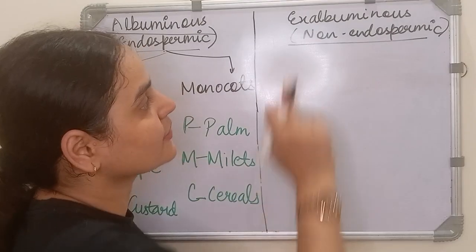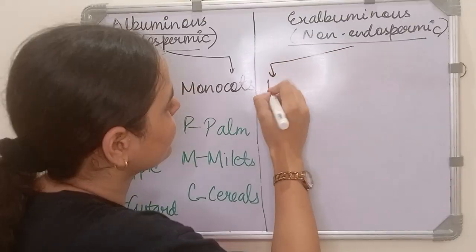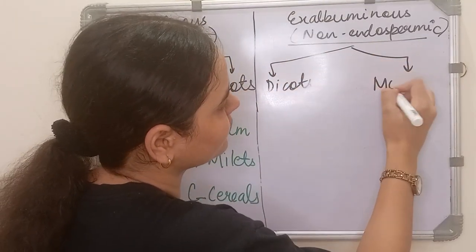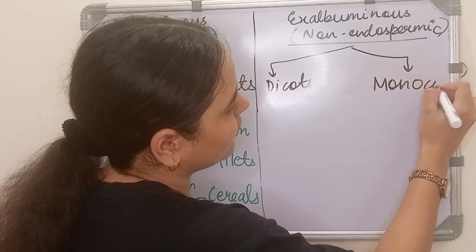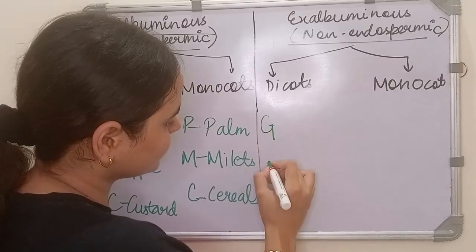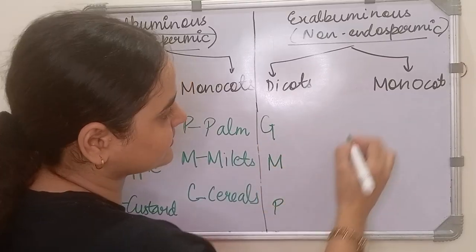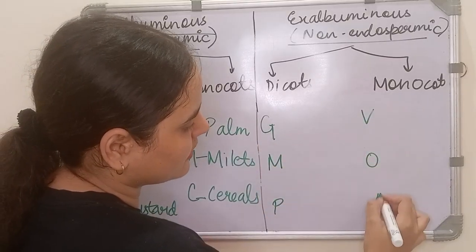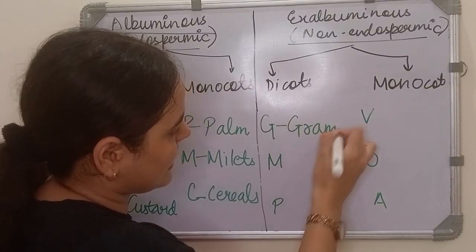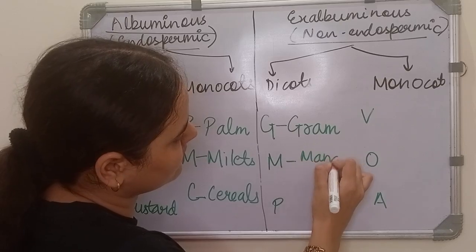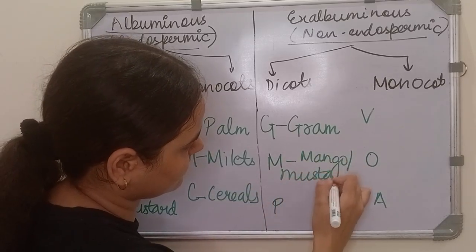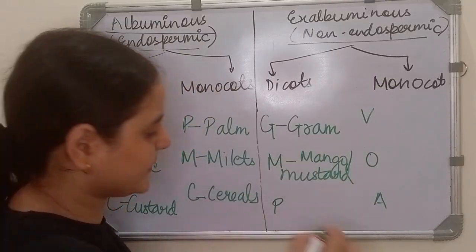Now let's see the case of ex-albuminous dicot and ex-albuminous monocot seeds. Let's learn it through a mnemonic. Good morning person Goa. G for gram, M for mango and mustard, P for pea.